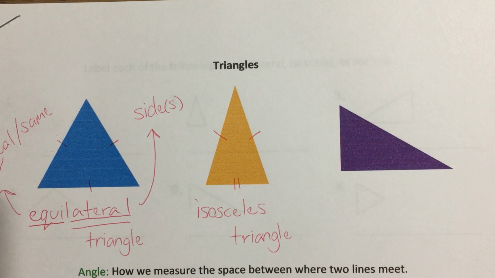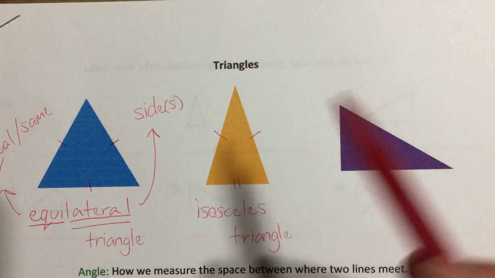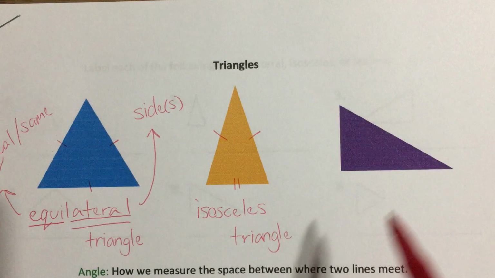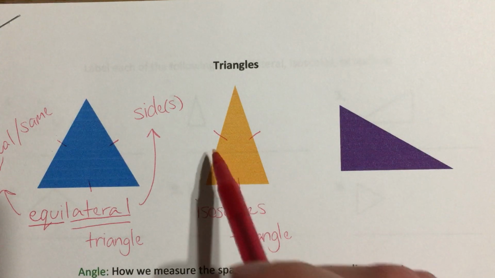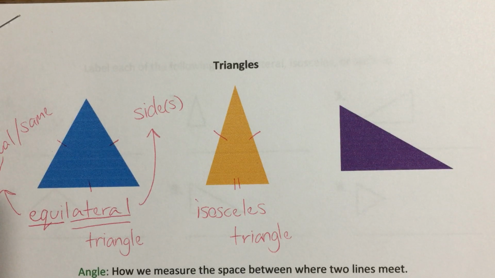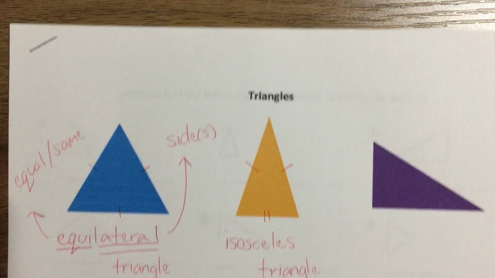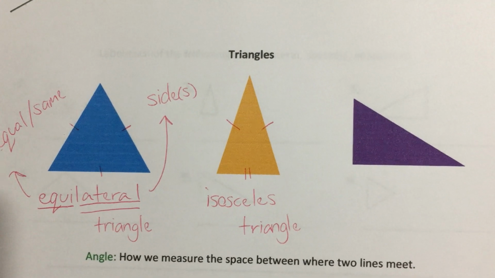I'm smiling as I say that because it sounds so funny, but it sticks with you. It has stuck with me for the last however many years since I was in 6th grade. Isosceles sounds like I saw some leaves. And two of them were the same. Isosceles triangle, two sides are the same length and the other one's not. That's a good way to remember isosceles triangle.